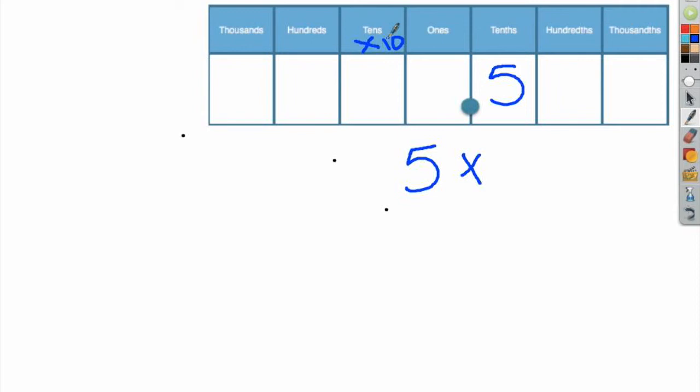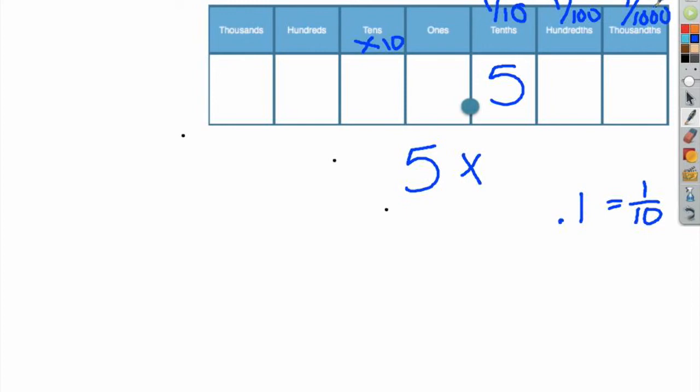What do we say this was equal to? Let's see. Remember this? 1/10 is the same as, right? So this place right here is also the same as 1/10. What's this place the same as? 1/100ths. And this is the same as?